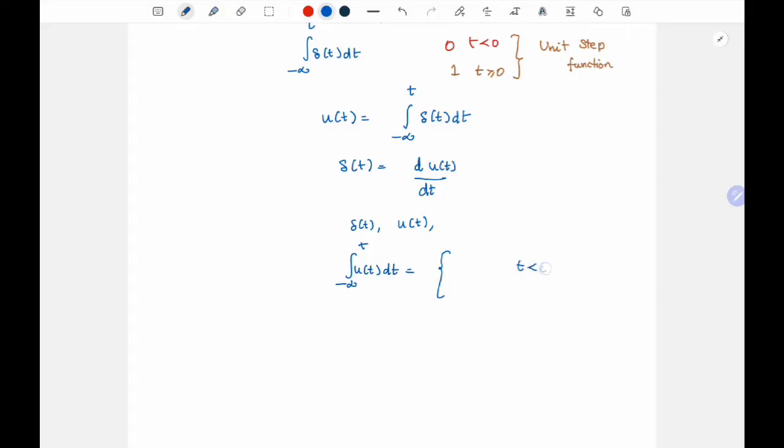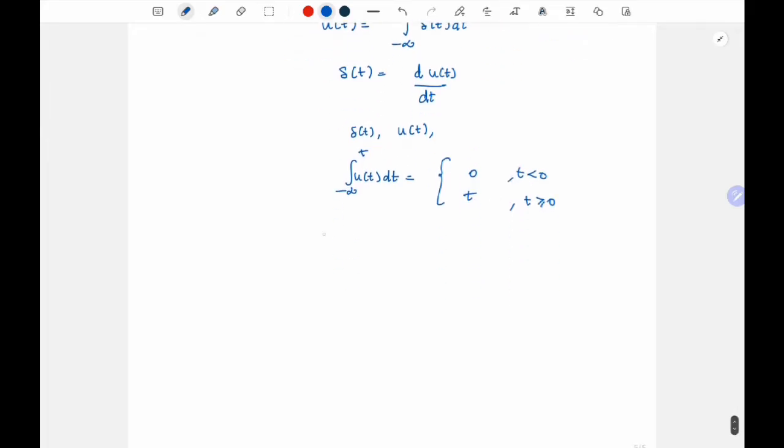Again, for t less than 0, it is going to be 0. And for t greater than or equal to 0, this is going to be 1. So the integral will be t. So we'll have something like this. Correct? So this is t. So this is called a ramp function.